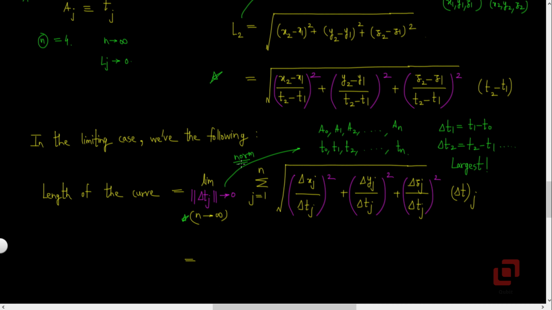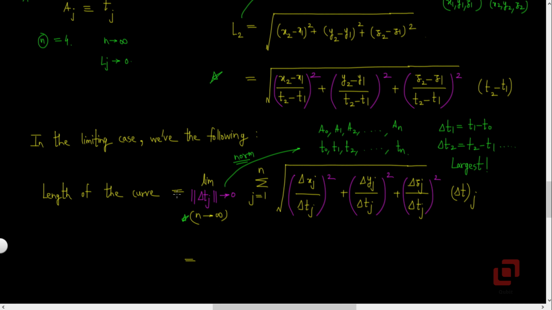If you are familiar with the Riemann sum and the corresponding integration process, then you will immediately recognize that we are doing exactly the same thing. By letting the norm or the largest value of delta t tend to 0, we are ensuring that all the remaining values of delta t also tend to 0.